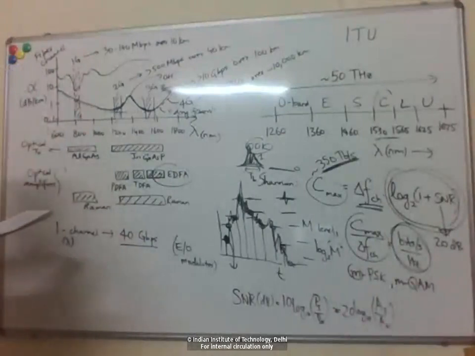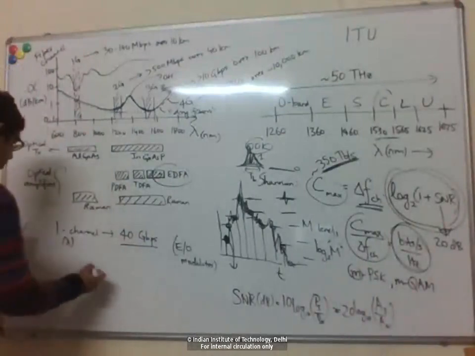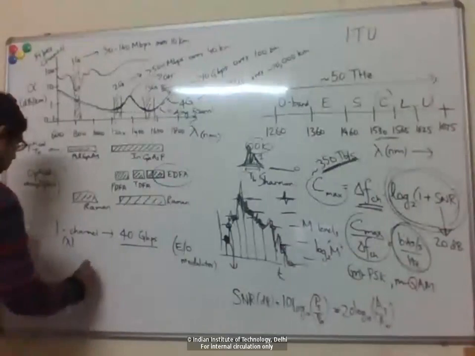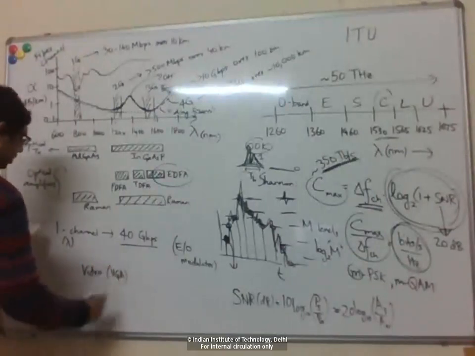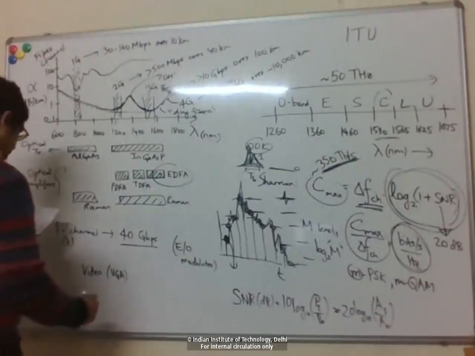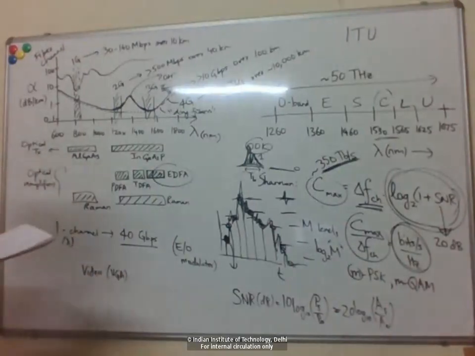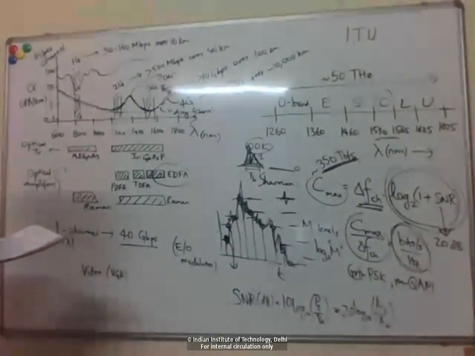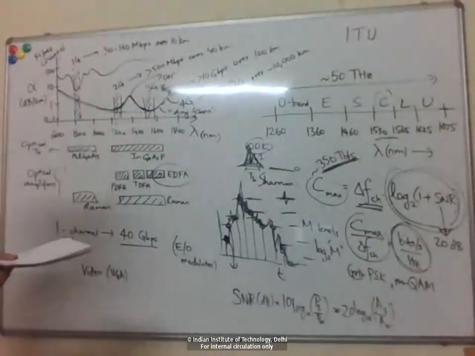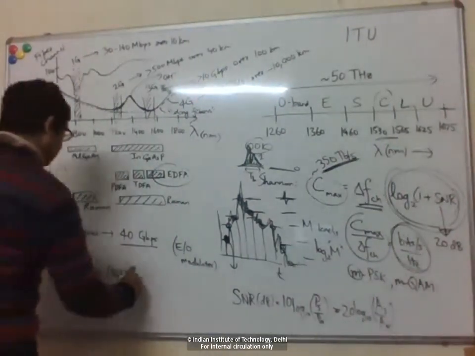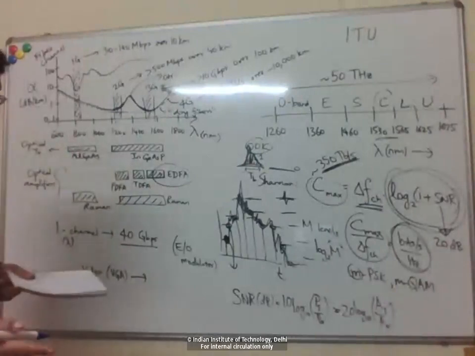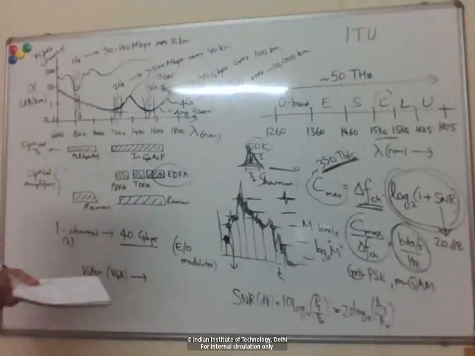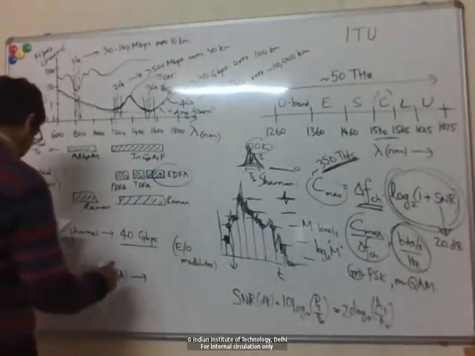For example, a typical video signal like a VGA video is about 800 by 600 pixels with 16-bit quantization for each pixel, and I think maybe a 30 hertz refresh rate.